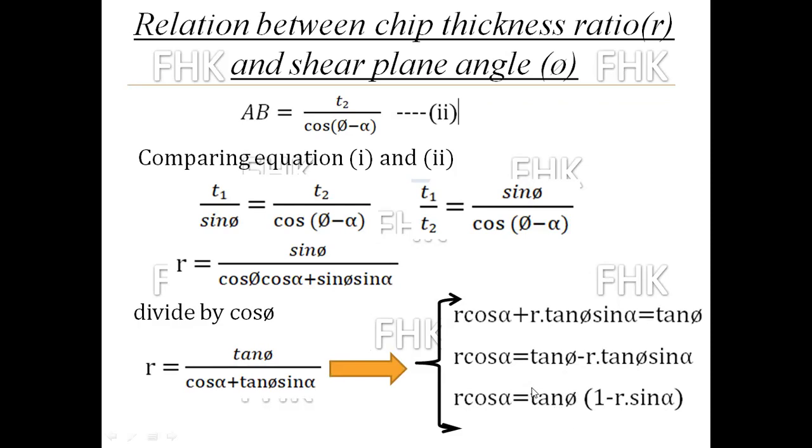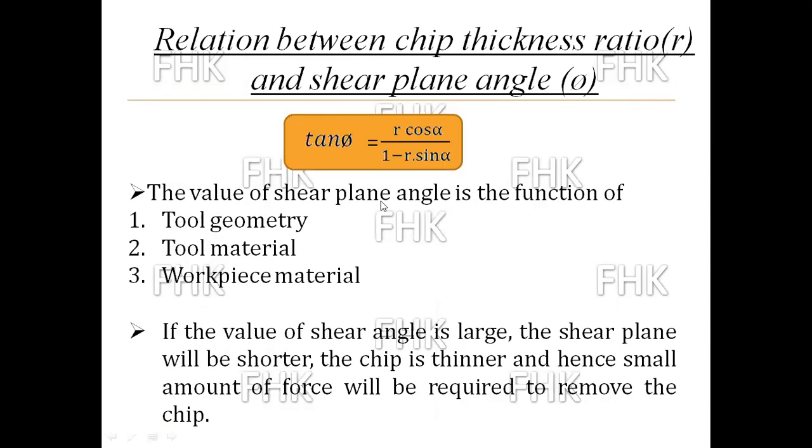So tan φ is equal to r cos α divided by 1 minus r sin α. This becomes the relation between the shear plane angle φ and the chip thickness ratio. This is our final expression.